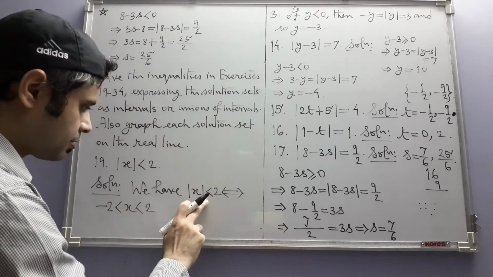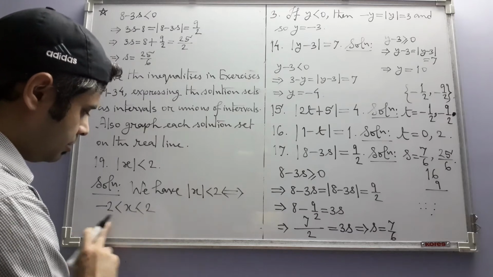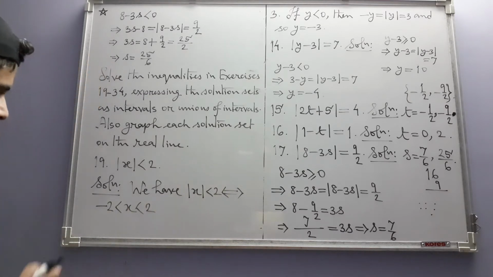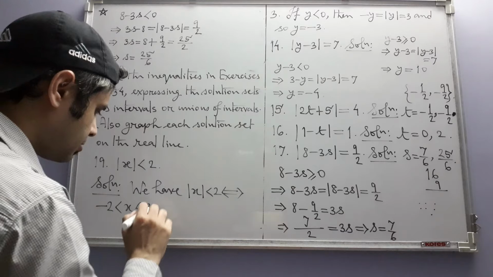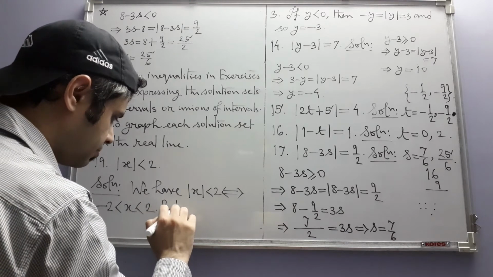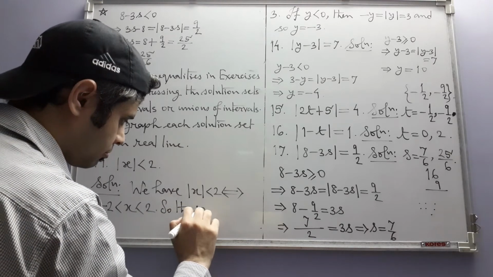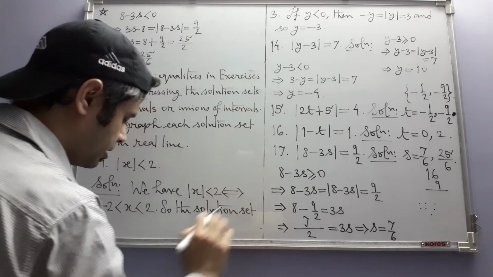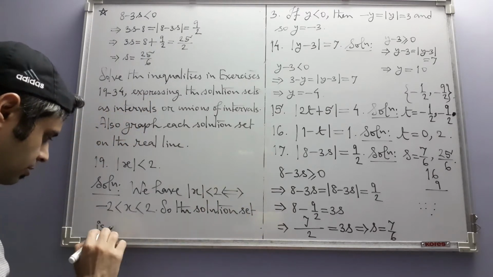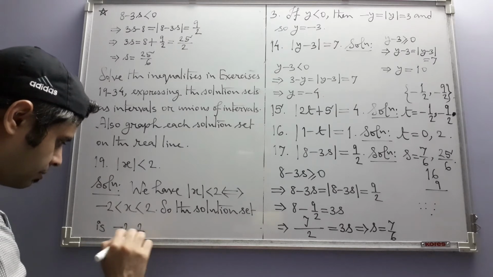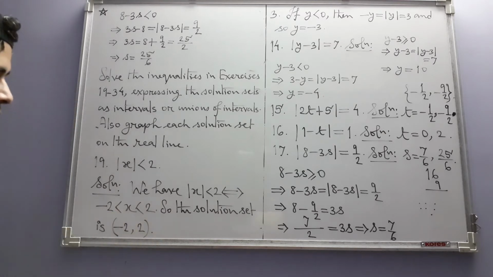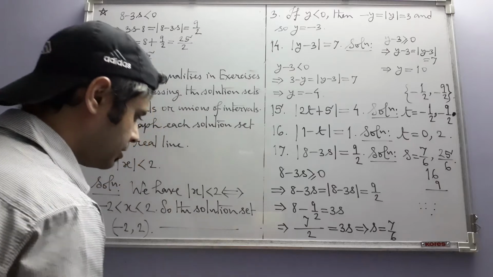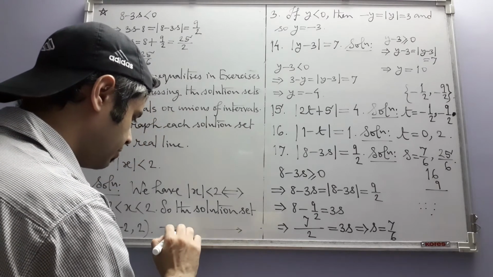So from that fact we can derive this equivalence, which we have already done in the text. So the solution set is this open interval, and if you draw it on the real line, then it will look like this.